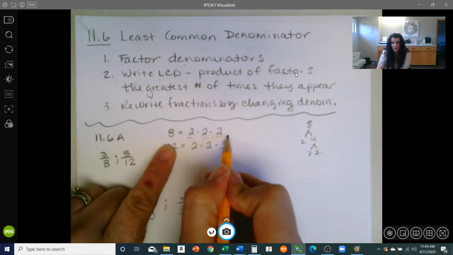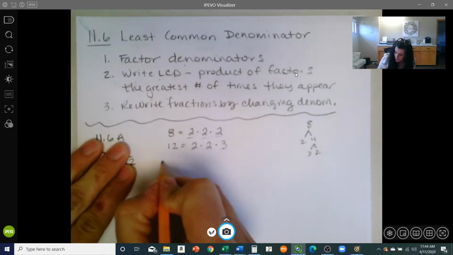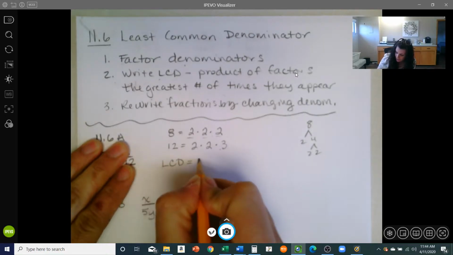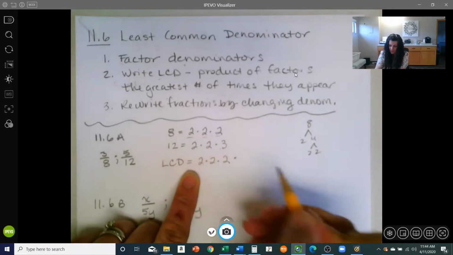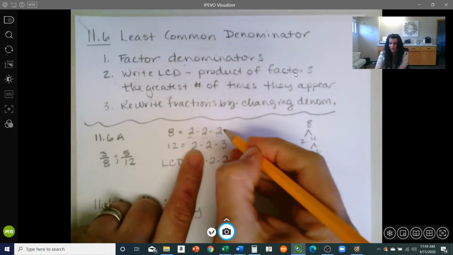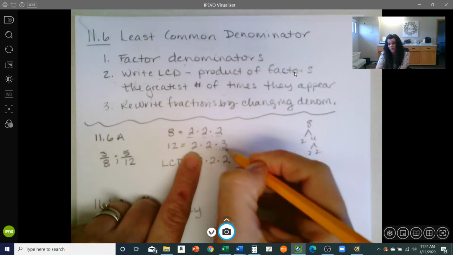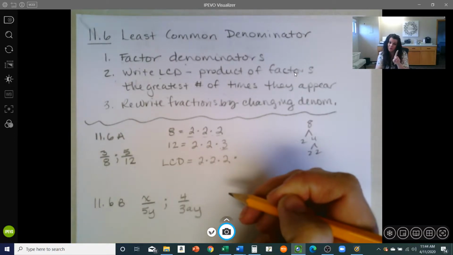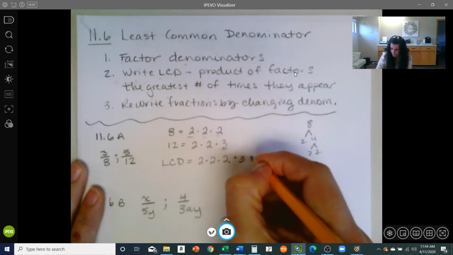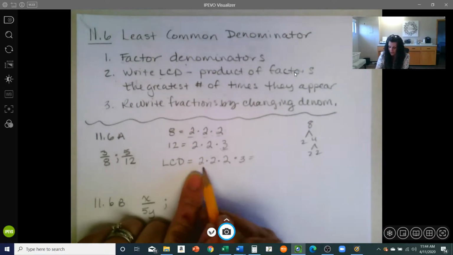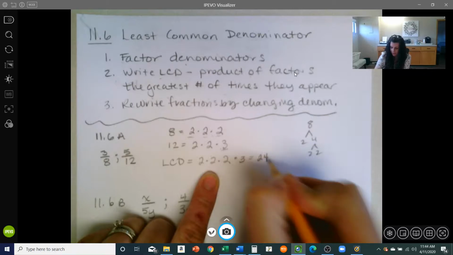And so that's the greatest number because this one only has 2 2's. So my least common denominator is going to be 2 times 2 times 2 times, so this one doesn't have anything else in it, but the 12 has a 3, and 1 3 is the most 3's that show up. So then I also multiply by 3. So my least common denominator is 24.